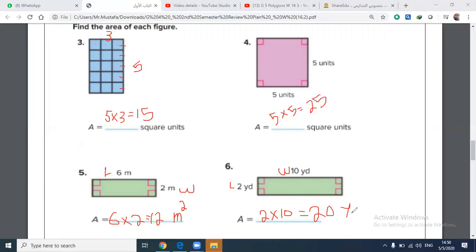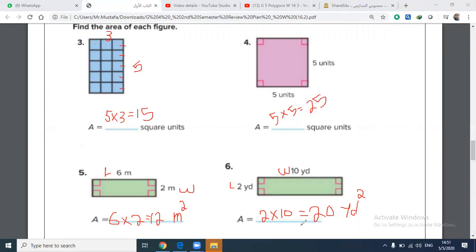I write yard. Square yard, or yard squared with 2 above it like this. Don't forget to put 2. It's called the unit of area, square unit. Do you understand this one, Muhammad? Is it clear?